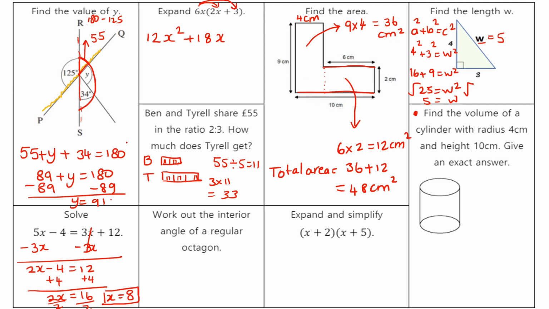So we have to work out the interior angle of a regular octagon. So it's 8 sides. So 1, 2, 3, 4, 5, 6, 7, 8. This is the shape. What you can do is, you know, the exterior angles of this shape, which are like these little bits, should give you 360 degrees.